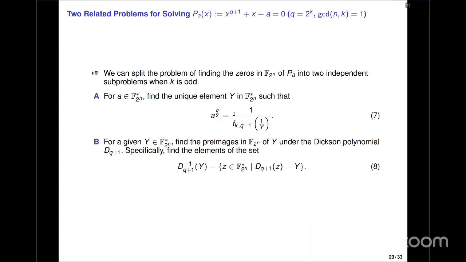So the problem of finding the solution has two steps. First, given A, you have to apply the map to get Y constants, and then we find all the solutions.